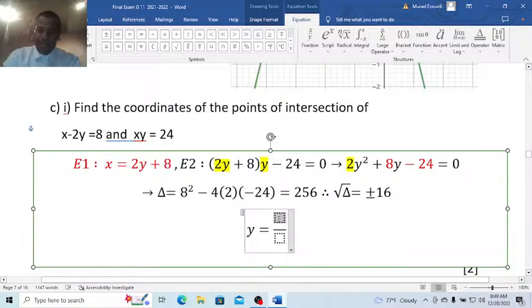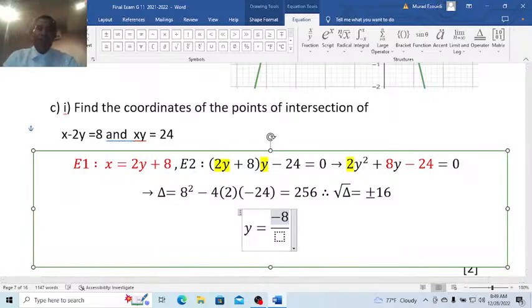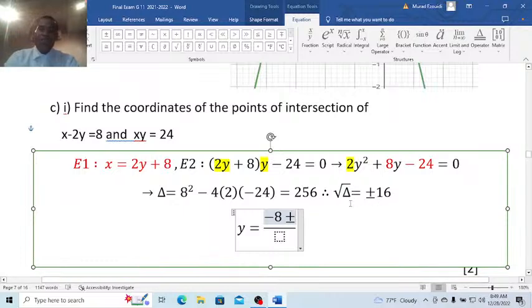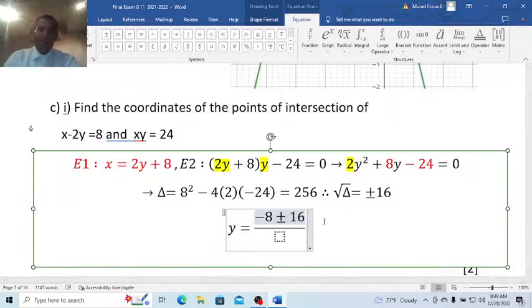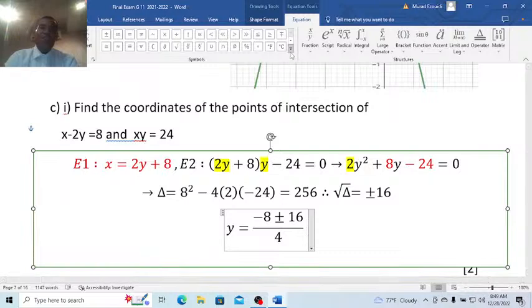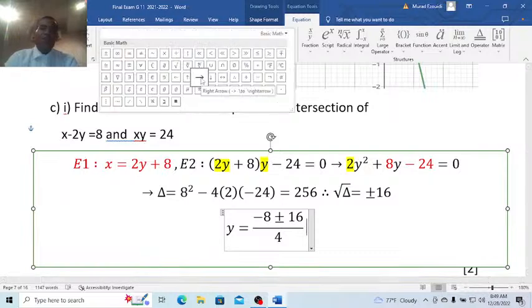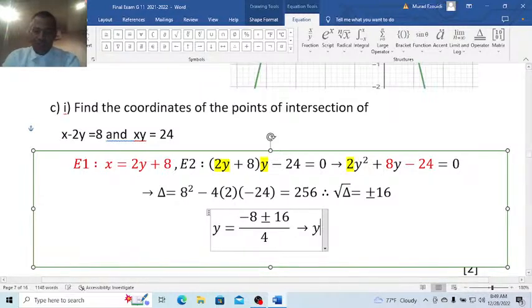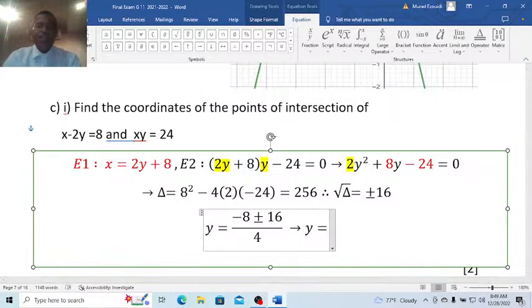Minus b is minus 8, because b is 8, plus or minus the root of delta, which is 16, divided by 2 times 2, which is 4. So we have two values. To find it, this will give us y equal to negative 6.